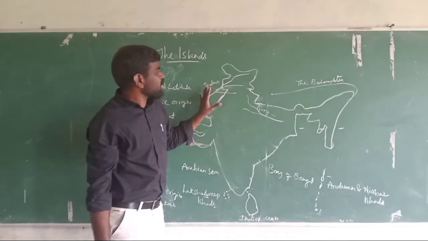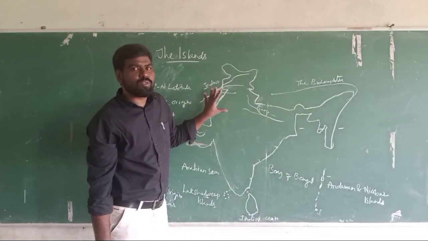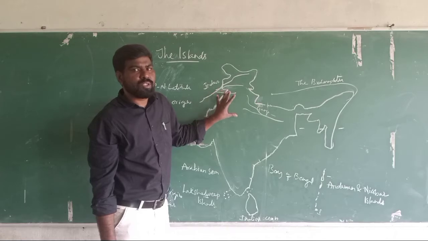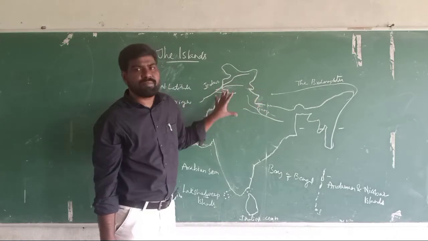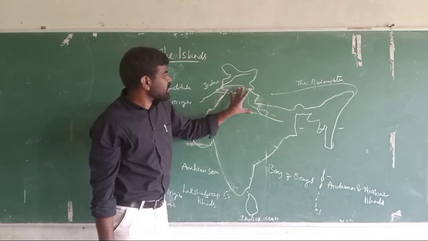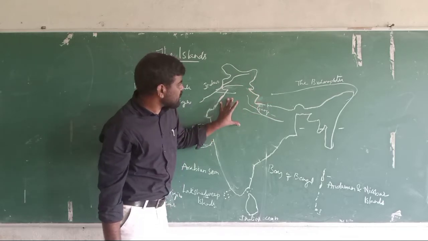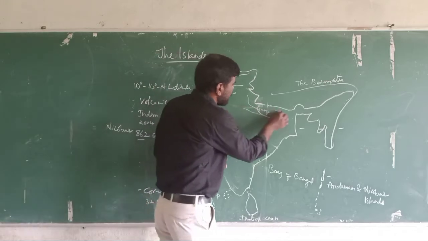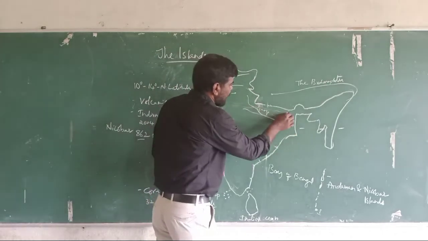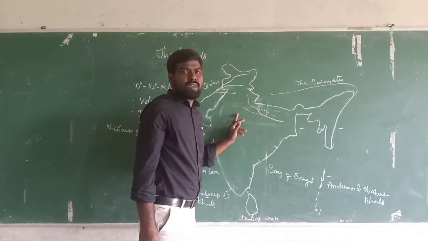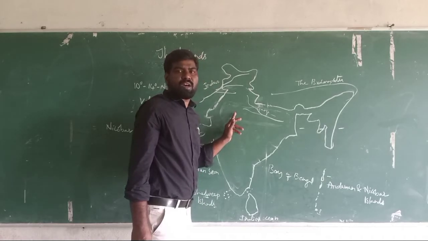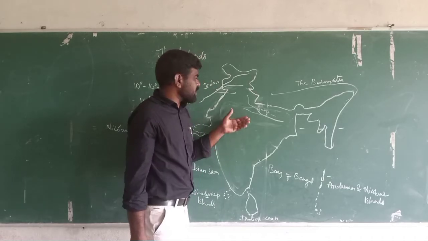These are perennial rivers as they flow throughout the year due to the melting of glaciers. These rivers influence the agricultural development of the great plains. The Indo-Gangetic plains are one of the world's largest alluvial surface plains.